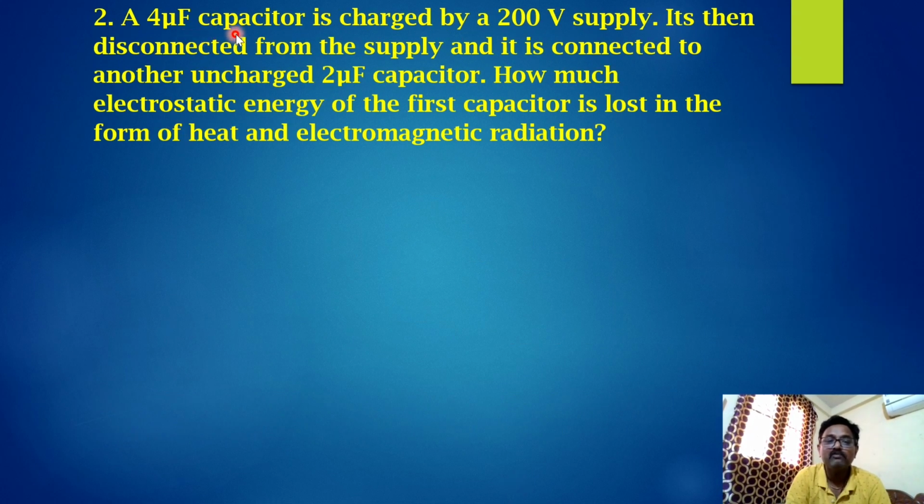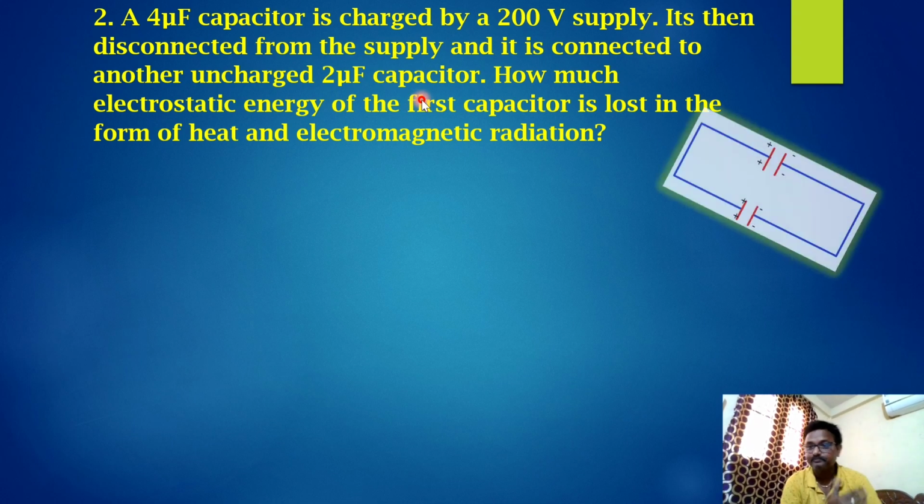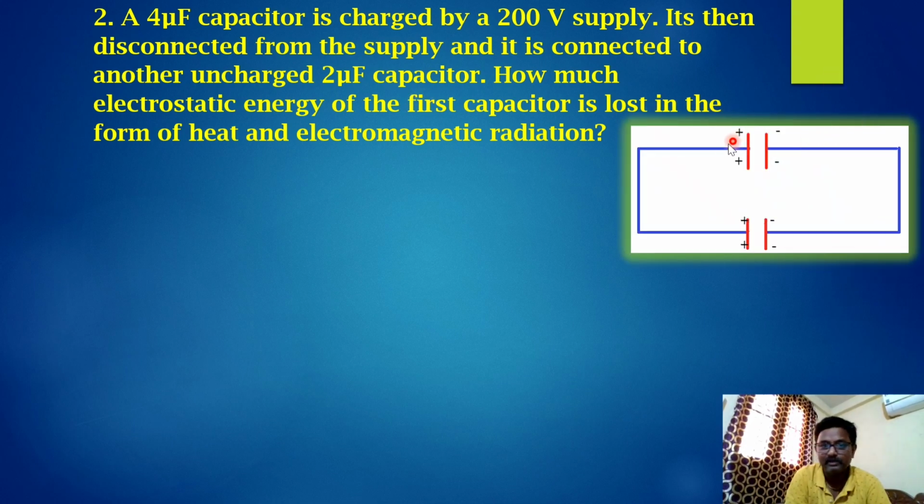A 4 microfarad capacitor is charged by a 200 volt supply. It is then disconnected from the supply and connected to another uncharged 2 microfarad capacitor. Look at the figure. Here first one capacitor is charged by 200 volt. Then it is disconnected from that 200 volt supply.